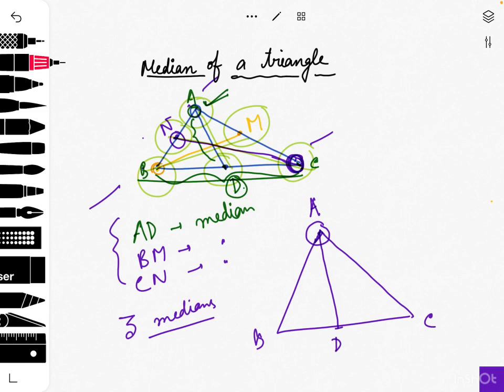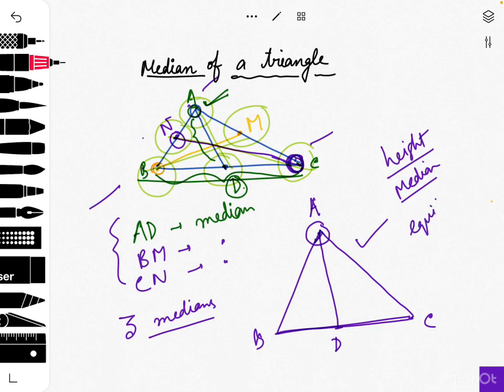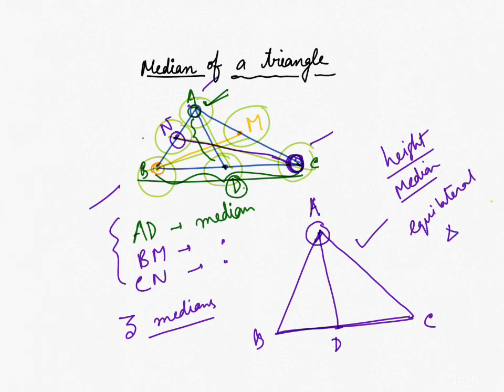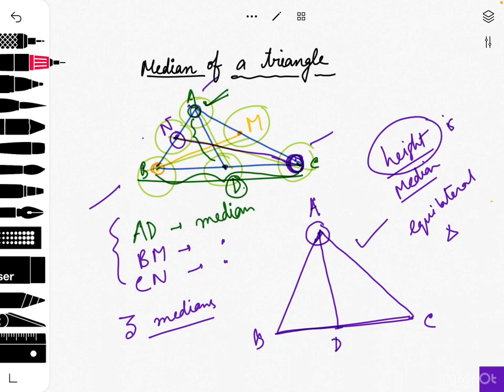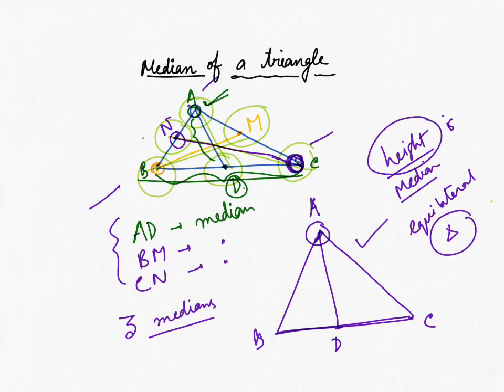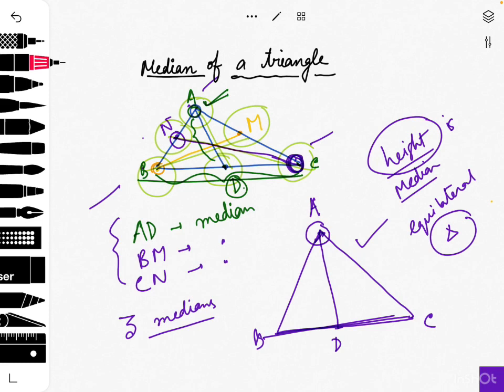This same line will be there if we draw a median in this case. It means in an equilateral triangle the height is always the median. Whatever the height is, exactly the same will be the median in an equilateral triangle. So, in an equilateral triangle, AD is the height as well as the median.